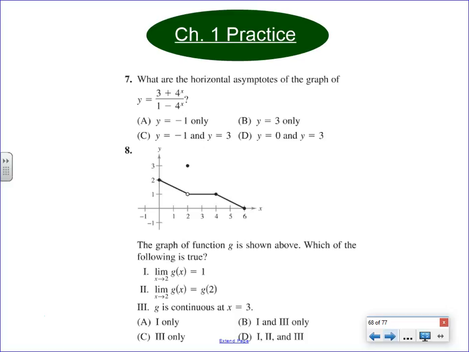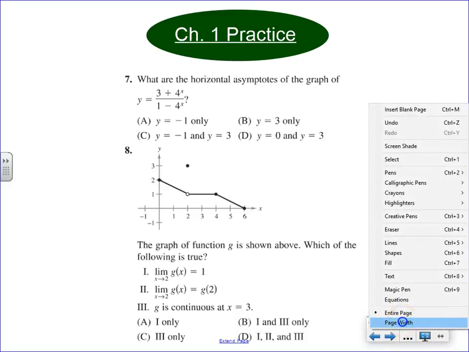The e to the negative. Number 7 is very similar to one that the class got wrong 2 years ago. If you don't know 7, skip it. We'll talk about it in a second. Go look at 8. If you don't know 7, skip it. Go look at 8. You should know him better.